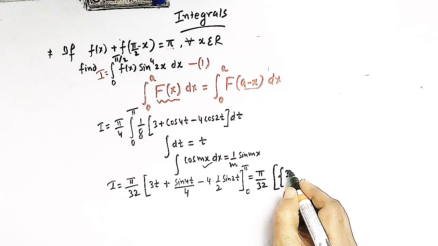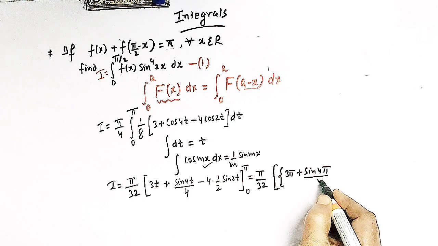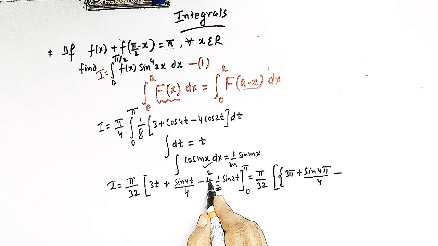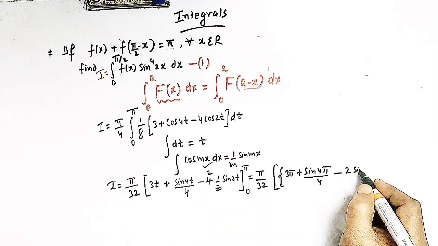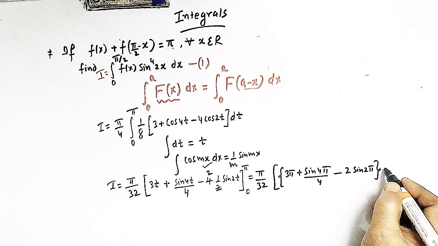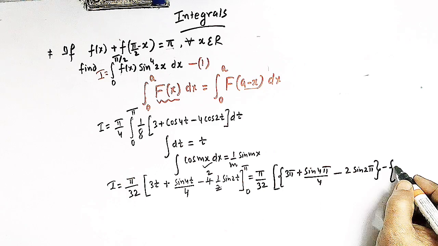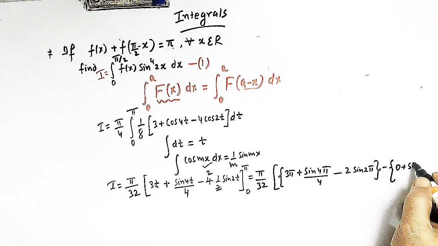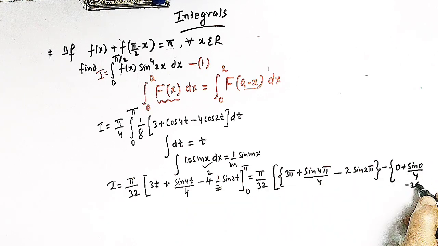So we have 3 pi plus sin 4 pi over 4, and here we have 2 times 2 is 4, then 2 sin 2t, so this is 2 sin 2 pi, and then we'll take t is equal to 0 in this expression. 3 times 0 is 0, then we have sin 0 over 4, and here we have minus 2 sin 0, right?